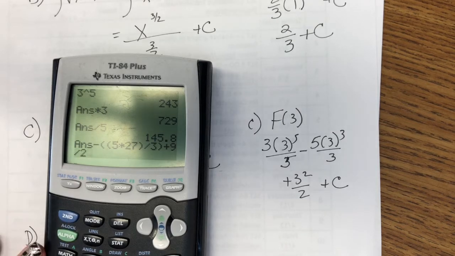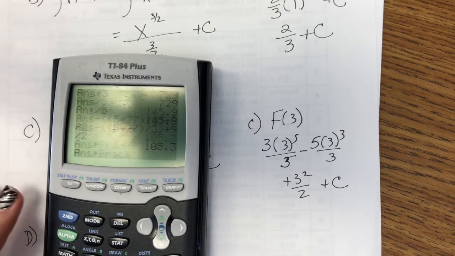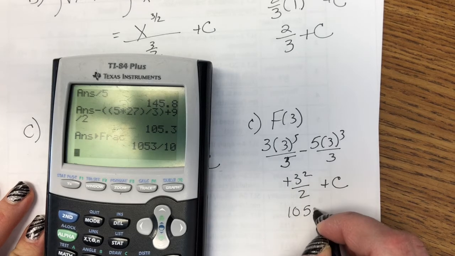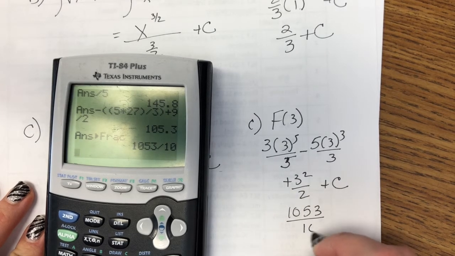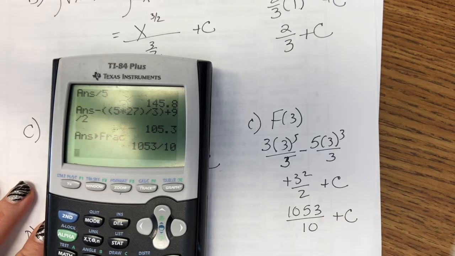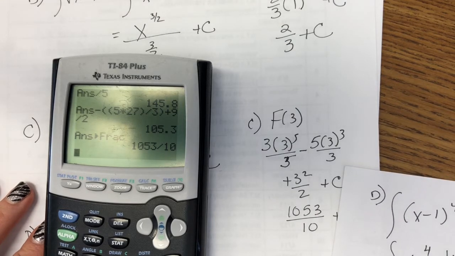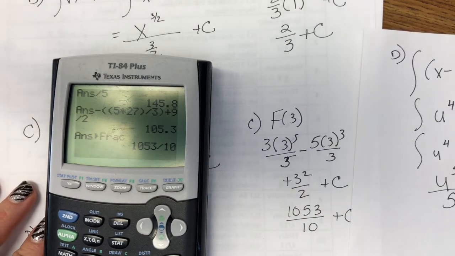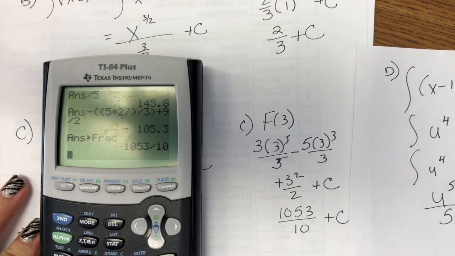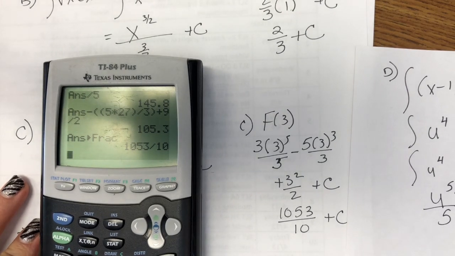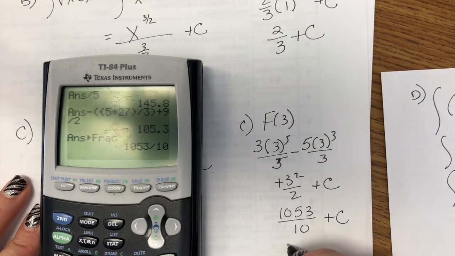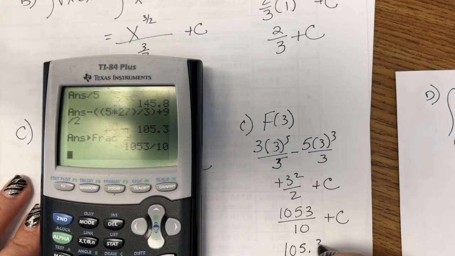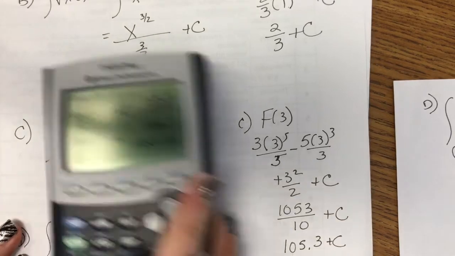Plus 9/2. So that is 1,053 over 10 plus c. That doesn't look right. Maybe it is. Let's see, maybe I have a typing problem. Oh, that's right, but I wrote it on the answer key as 105.3 plus c, because that looks way better.